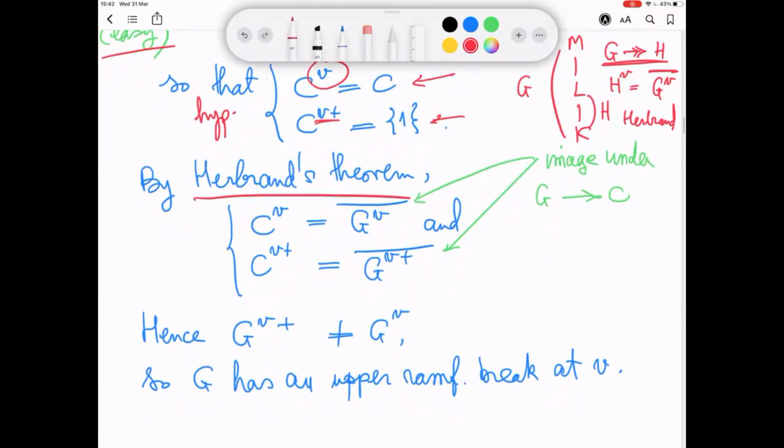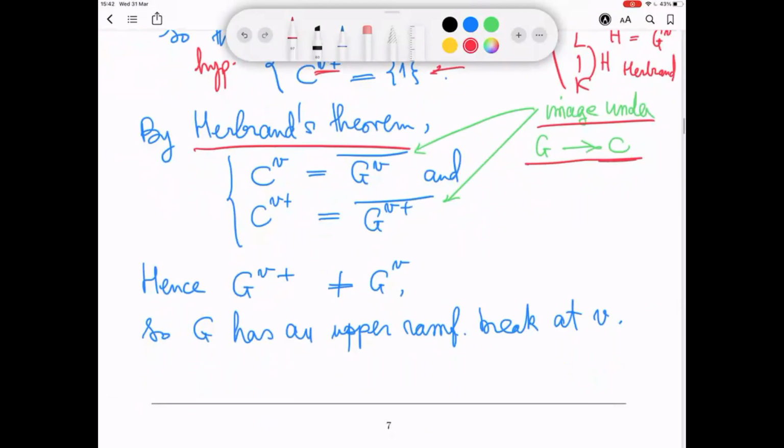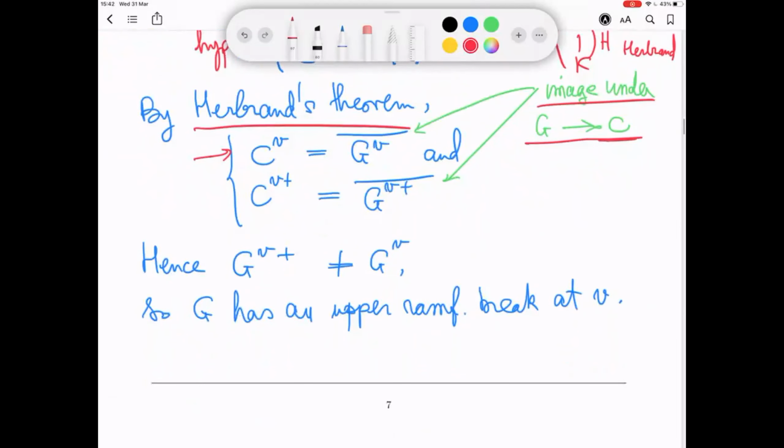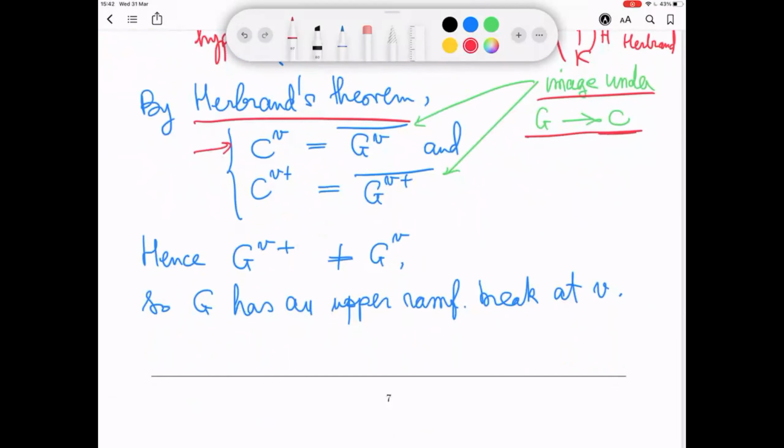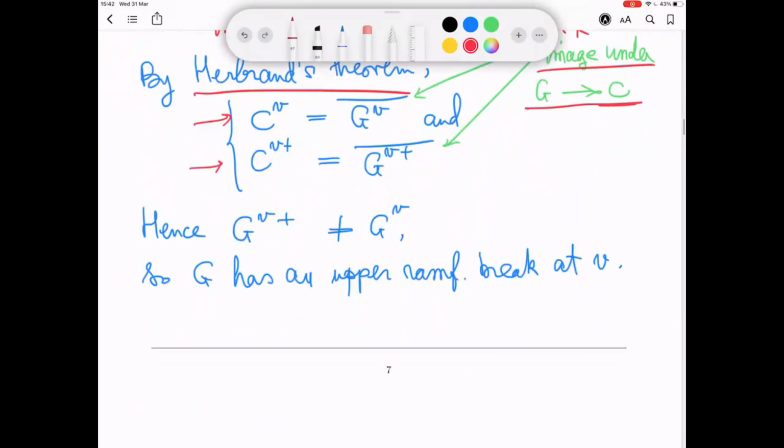So here the quotient is called C, not H. By Herbrand's theorem, I'll get C upper V is G upper V bar, and C upper V plus is G upper V plus bar, where the bar or the overline indicates the image under this quotient map.